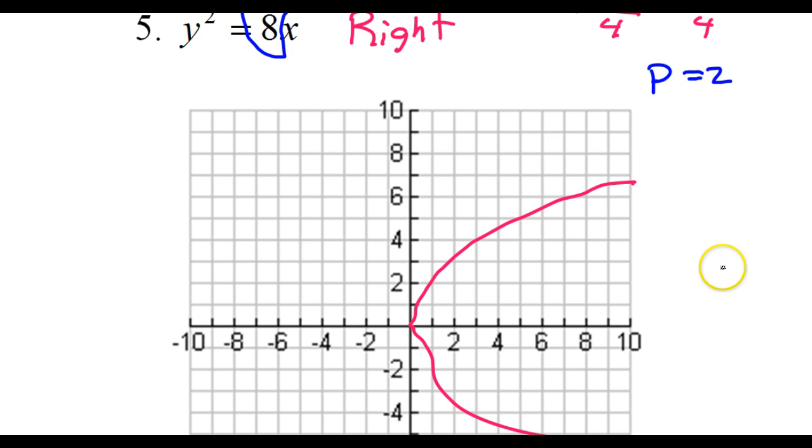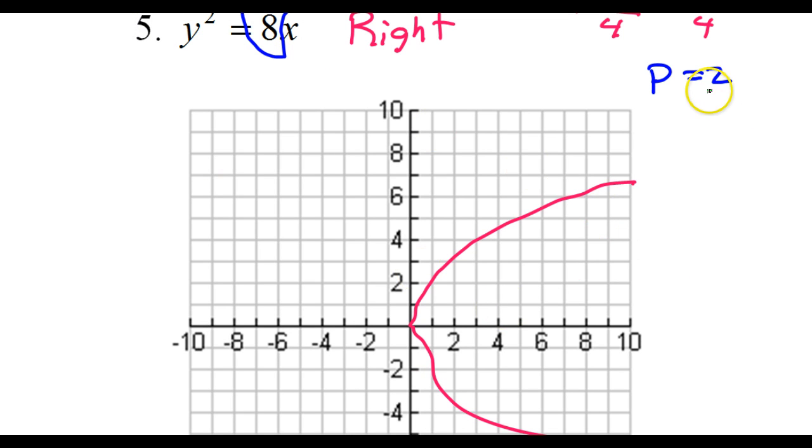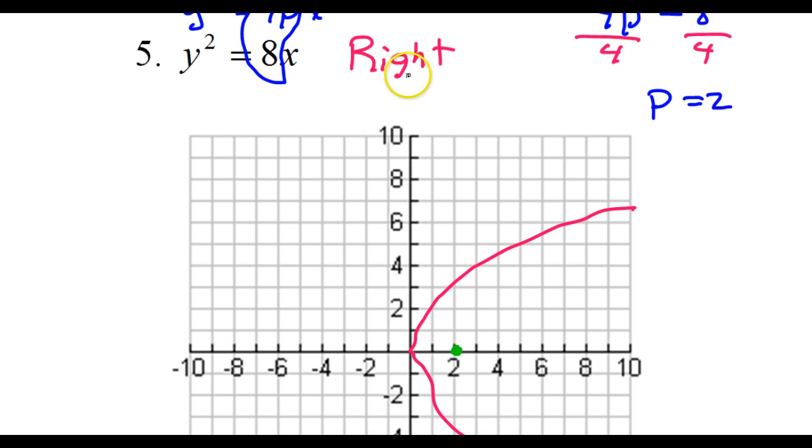Now the benefit of that is that it tells us where the focus goes. So if p is 2, that means the focus is going to be here. That's why it's so important that we decide immediately, first thing, which direction the parabola is going: up, down, left, or right. Because if the parabola was going up, then we would have put the focus up.